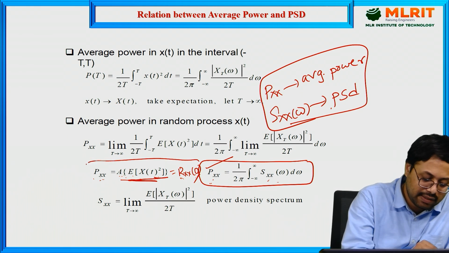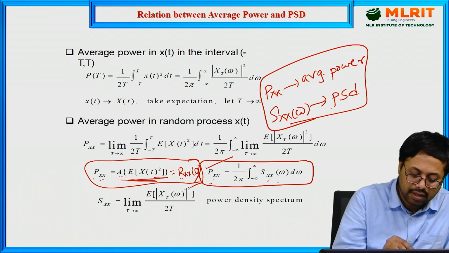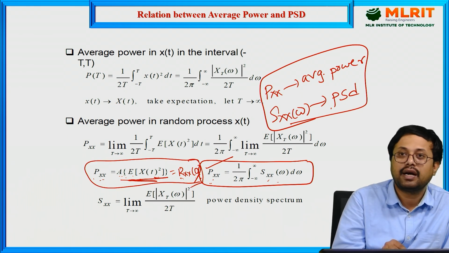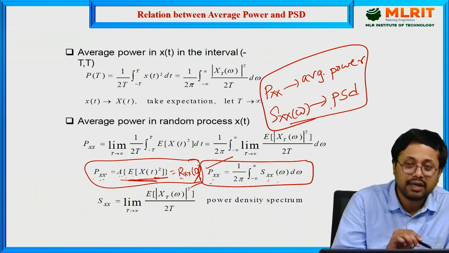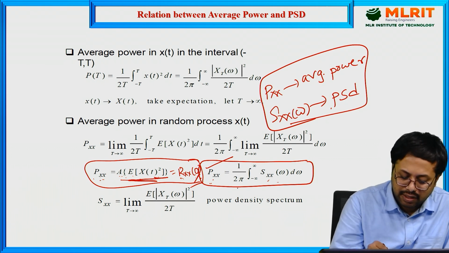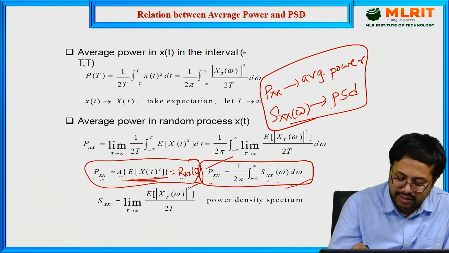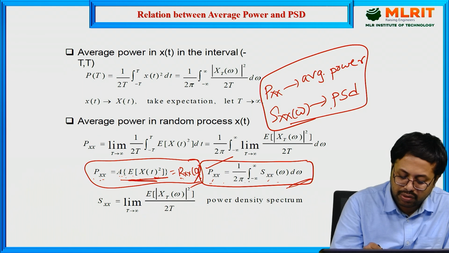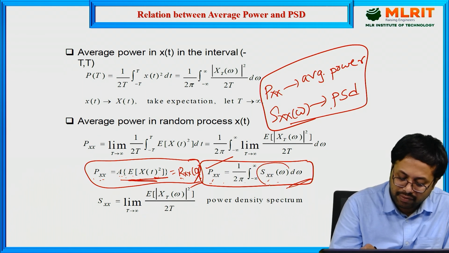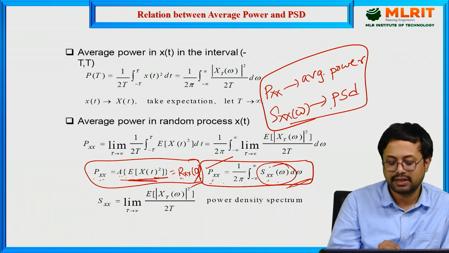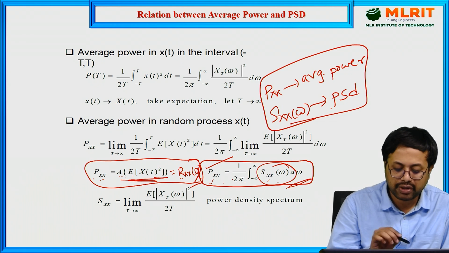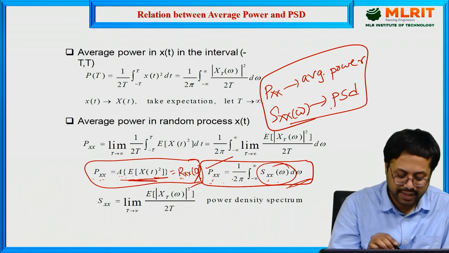We discussed in the beginning that the autocorrelation function at Rxx of 0 gives the average power. And we can also have one more relation: average power is equal to the area under the curve of power spectral density.